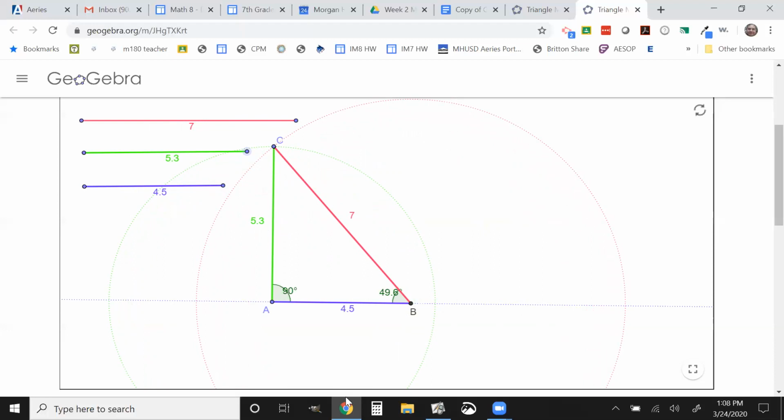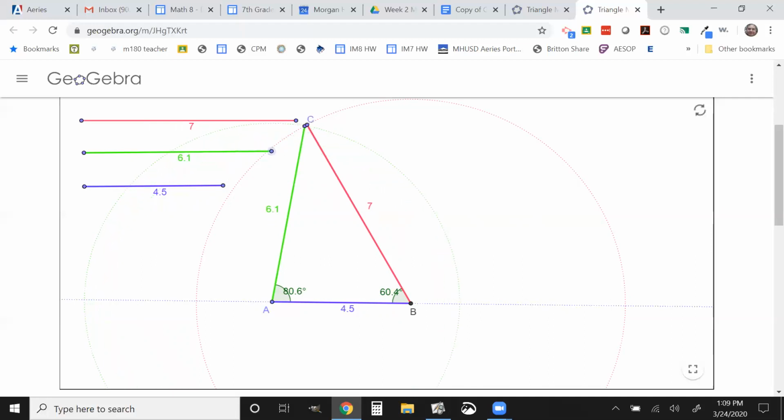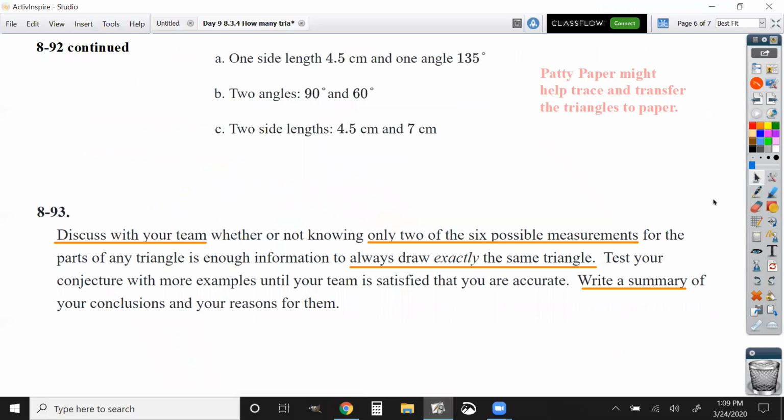I kept the 90-degree angle there. It doesn't have to be. I'm sure I could bring this one here and do that, and that would make a completely different triangle, obviously, but it would still have a 4.5 and 7. So I just demonstrated 2 different triangles. I'm assuming your triangle might look slightly different from mine also. So having a side and a side made different triangles.